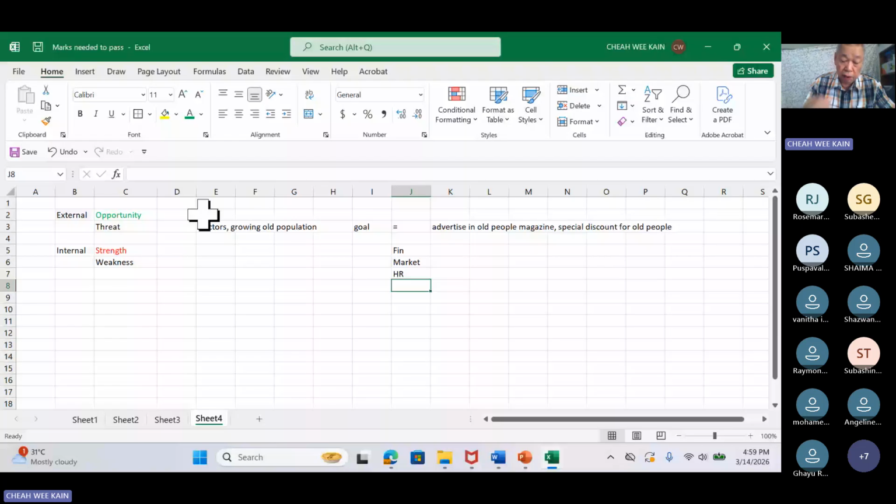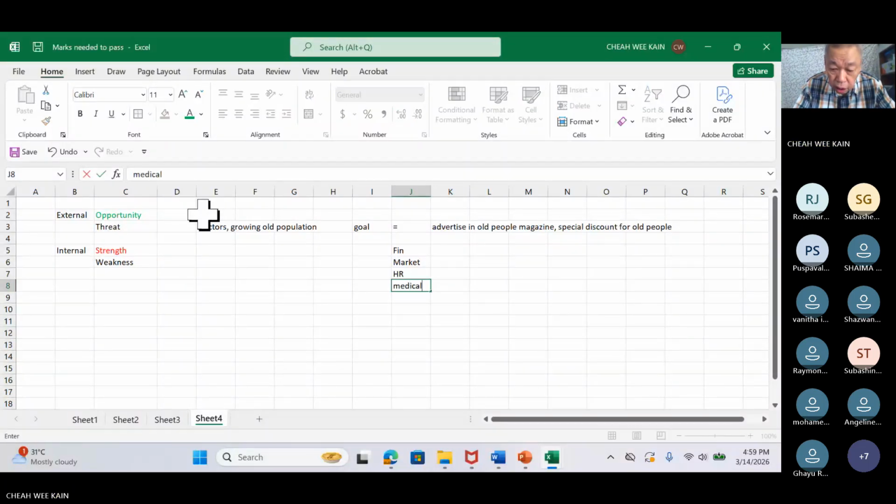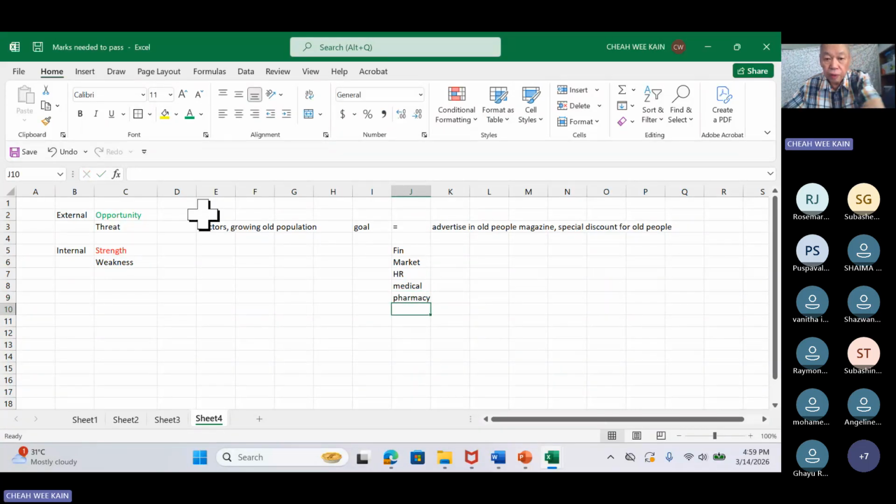Then maybe you have the medical department, you have the pharmacy department. Now, each one of them is supposed to make their own goals. So if I'm the finance department, then our goal is to support advertising in the old people's magazines and the special discount. We now have to do the cash flow in case money coming in is lesser, we have to go and borrow more money. Right? What about marketing people?